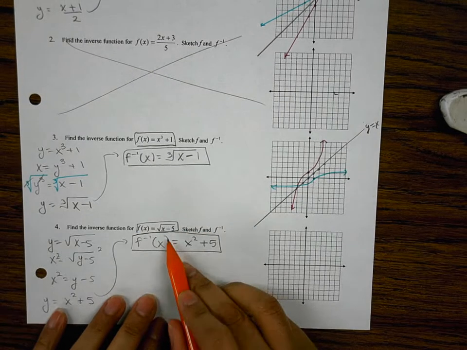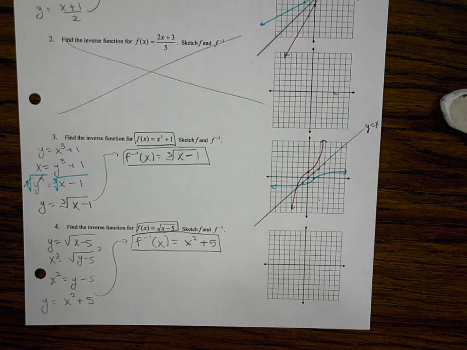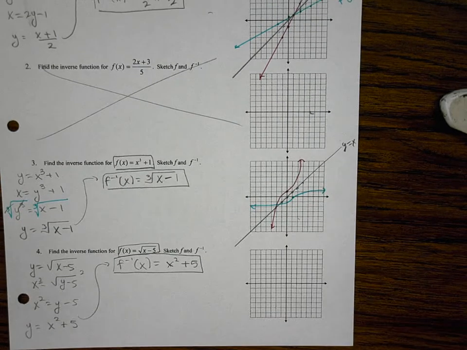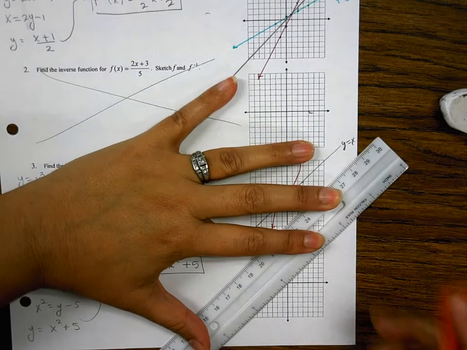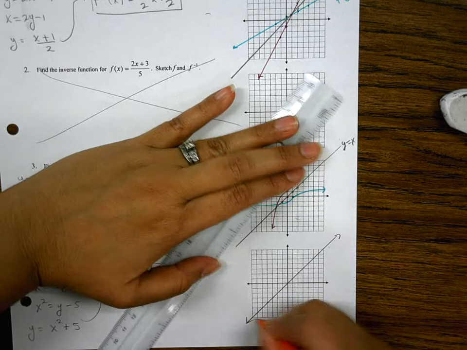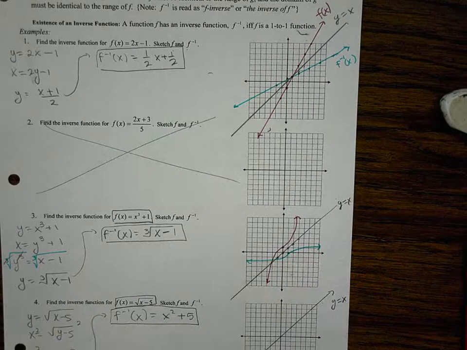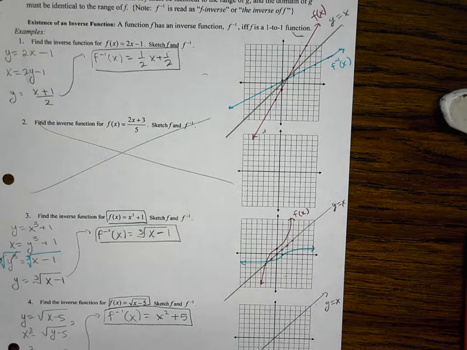Half of a sideways parabola is the original f of x function. And remember, inside the parentheses or the radical is your right-left translation, and it's -5, which means you're going to the right 5. And before I do that, I'm going to go ahead and draw my y equals x line. And I'm going to come back up here and actually label them because I did not.